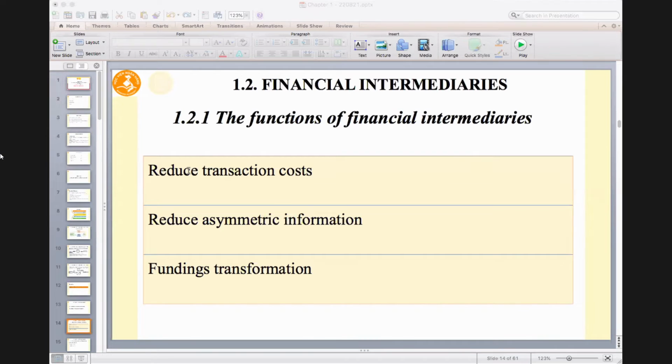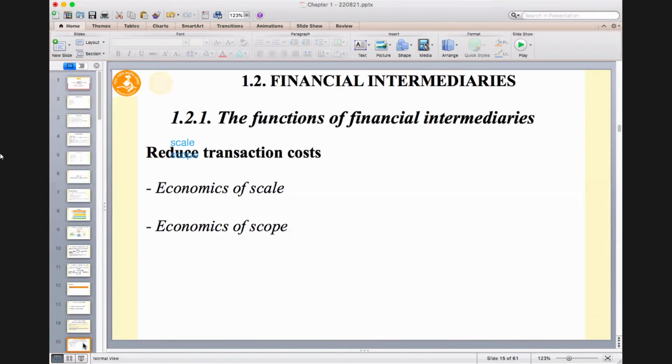Besides, the bank can reduce transaction costs because they can make use of the scale and make use of the scope. The bank can reduce transaction costs by economies of scale and economies of scope.